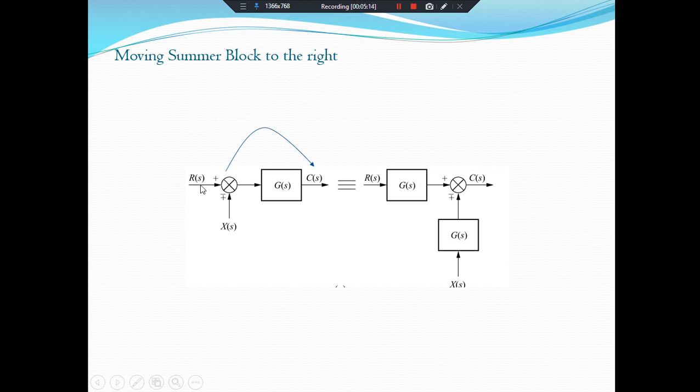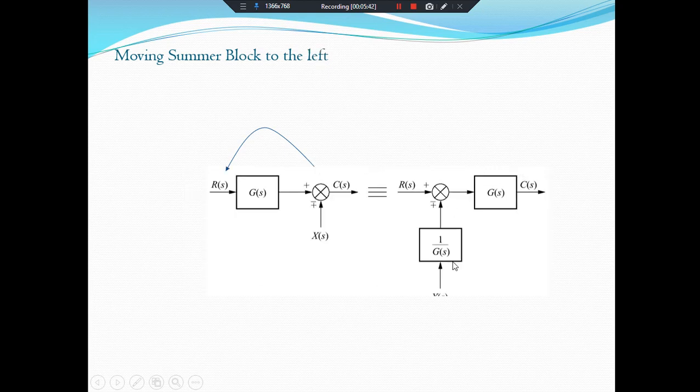In this case the input of G of S will be equal to R of S plus minus X of S, and this input will be multiplied with this G of S. So if we move the summing junction after that block, then X of S will not be multiplied with G of S on its own, so we will add G of S to the other branches as well.